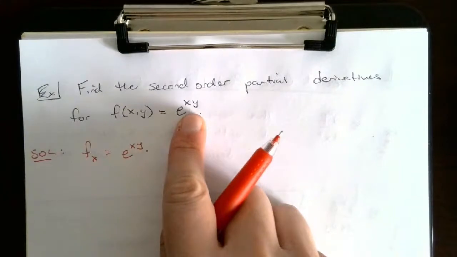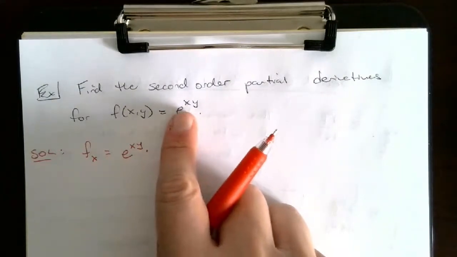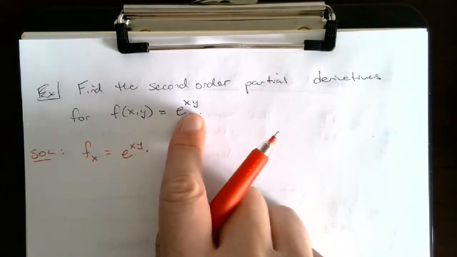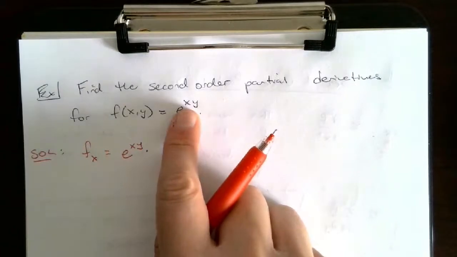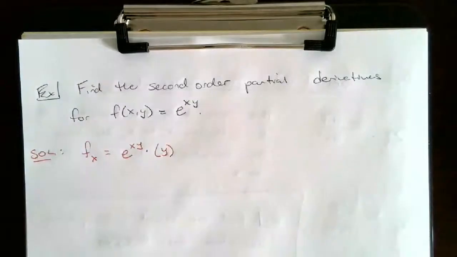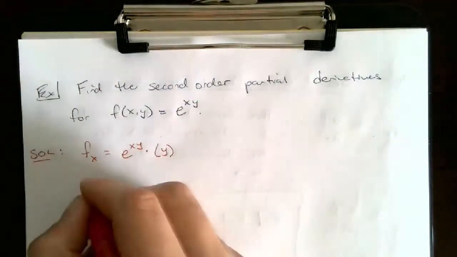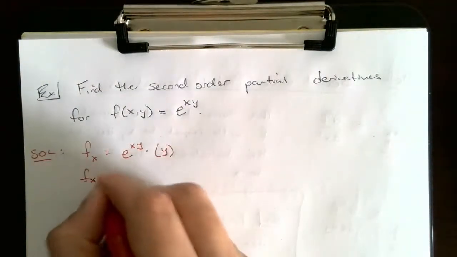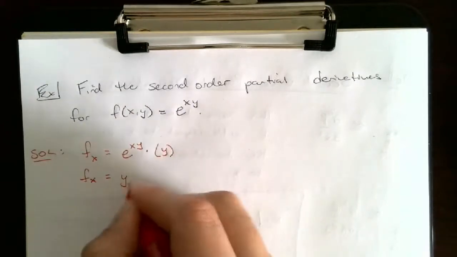So y is a constant, so it's a constant times a function because x is a function. And so the constant's going to say times the derivative of x, which is just going to be 1, so it's 1 times y, which is just times y. Which, to make this a little easier to work with, we'll write as y e to the xy.